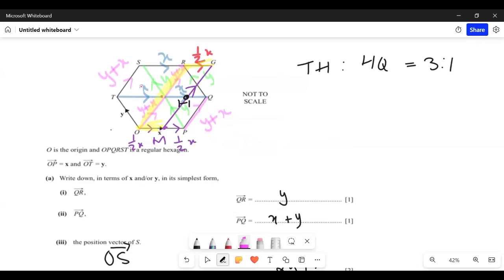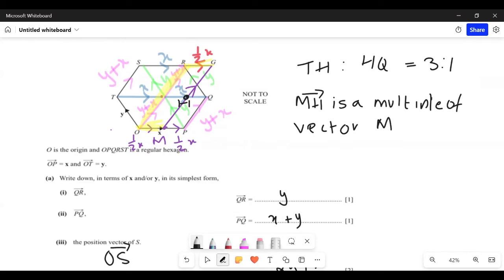That means we have to somehow prove that the vector MH is a multiple of vector MG. You have to show that the vectors MH and MG are multiples of each other.